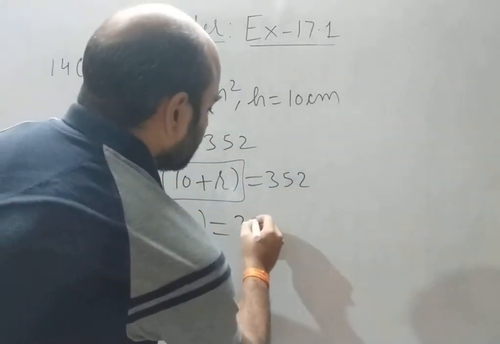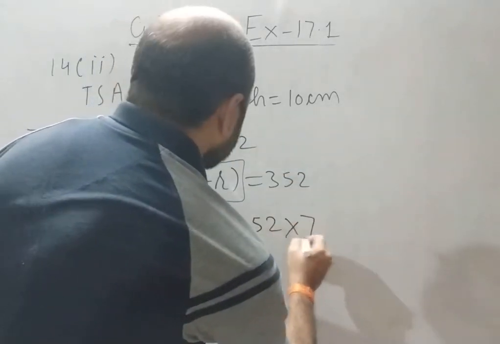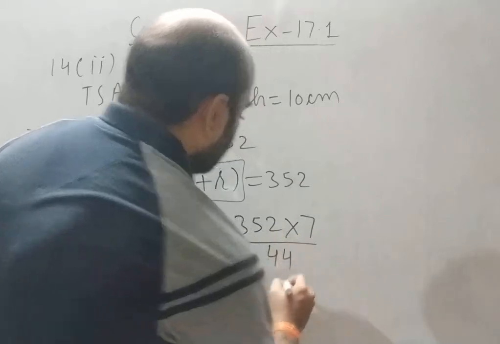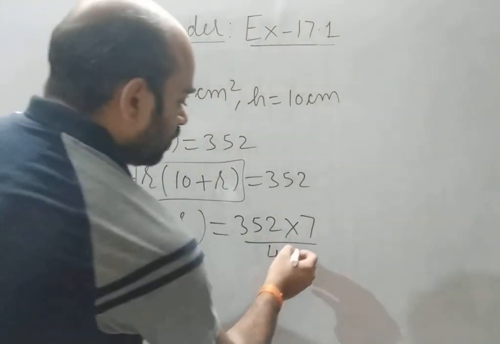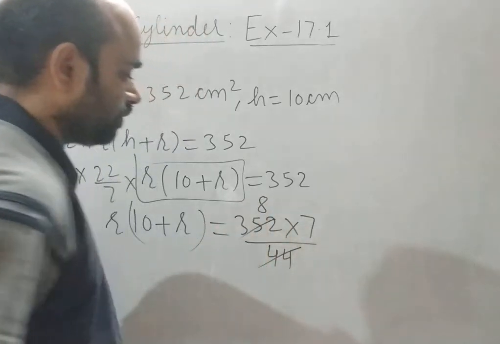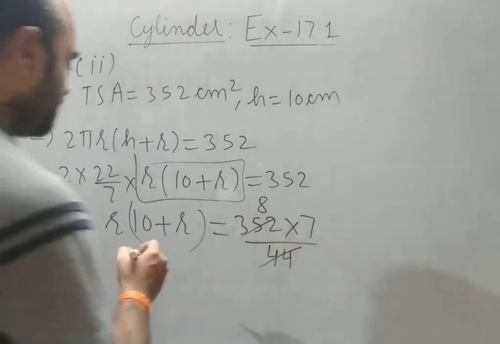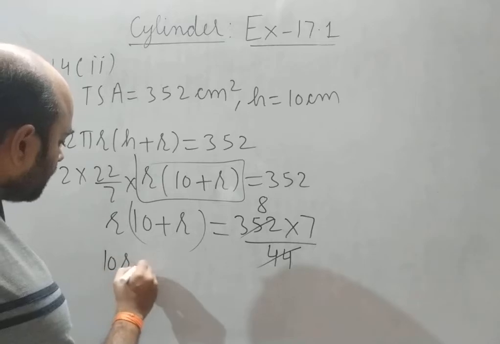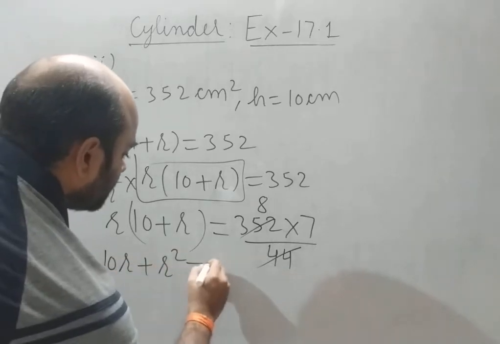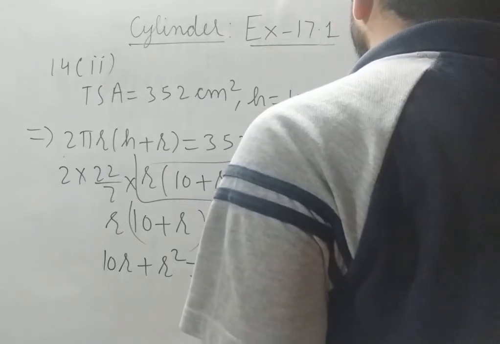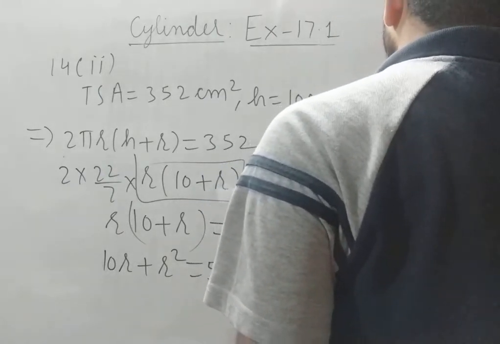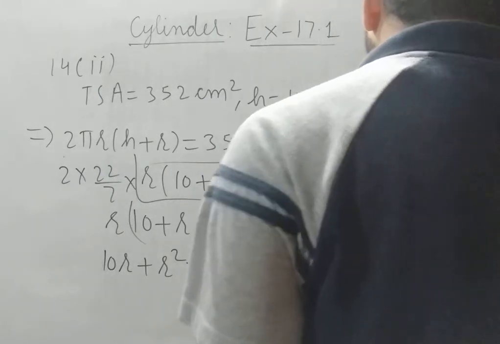So this will become 352 into 7 upon 44. Now divide this. This will be 44 into 8. Correct? It means 10r plus r square is equal to 56. Therefore, r square plus 10r minus 56 is equal to 0.